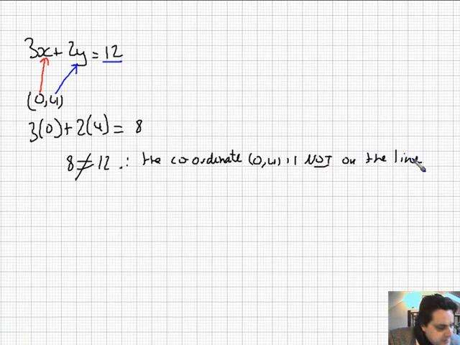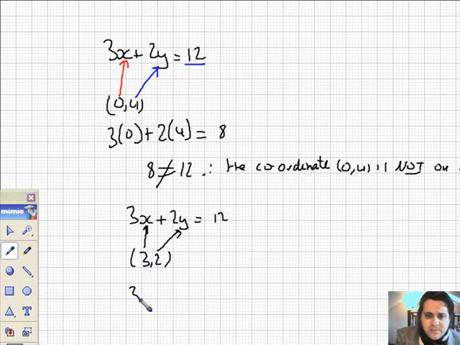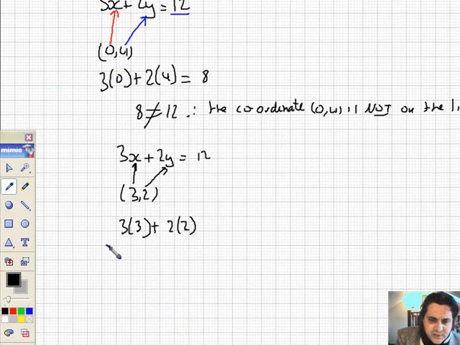Now I'm not going to do all these because I've been given 6 of them. I think I'll pick another one, 3, 2. So let me rewrite the equation again. 3x plus 2y equals 12. I'm testing the point 3, 2. In other words, put the 3 in the x and the 2 in the y. Let's do some sums. 3 lots of 3 plus 2 lots of 2. See what it comes to.